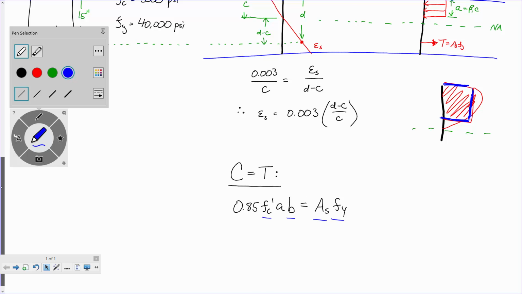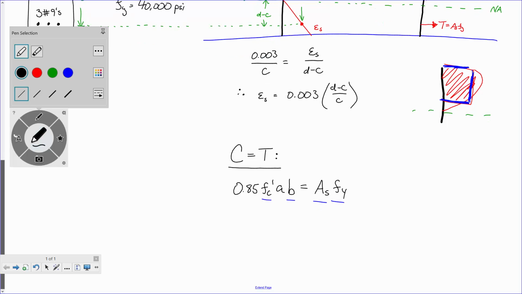So therefore, a equals As fy over 0.85 f'c b. Now remember, and I can't stress this enough, the 0.85 and the beta 1 technically are different values. They might come out to be the same number, but they might not.